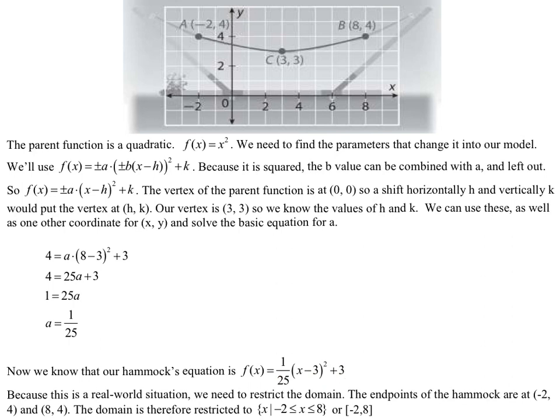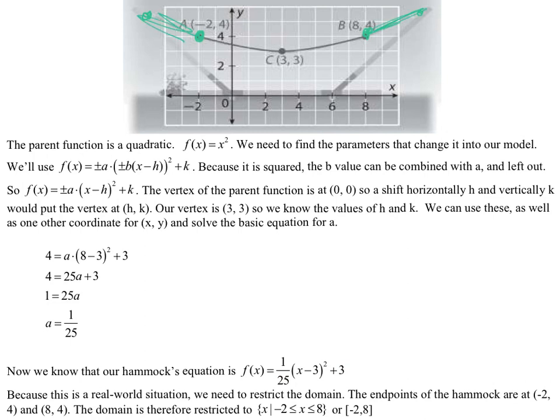And then we have to think, this is a real-world situation. This is a word problem, so you've got to think logically. This is a hammock, and so we have to restrict the domain. The endpoints of the hammock are here and here. So the domain, and this confused me before because I was like, no, they're not, they're over there and over there. I guess they're assuming that this is rope.